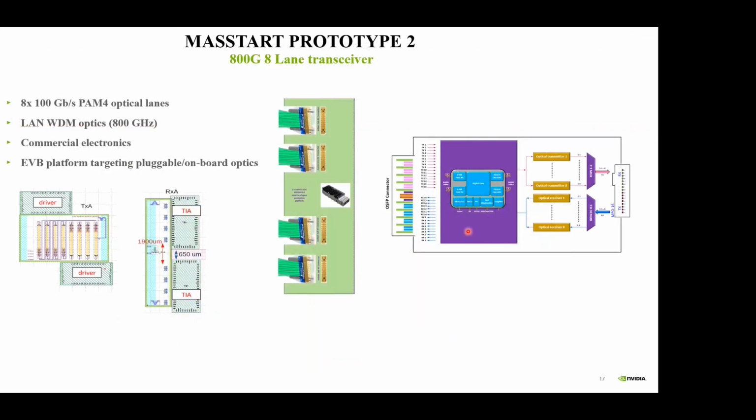The number 2 prototype in terms of MASSTART takes the newest DSP in the market, which has 8 lanes, both from the host and the line side, of 53 gigabaud. This is again Bright Photonics chips with some commercial chips that we are using from a third vendor.